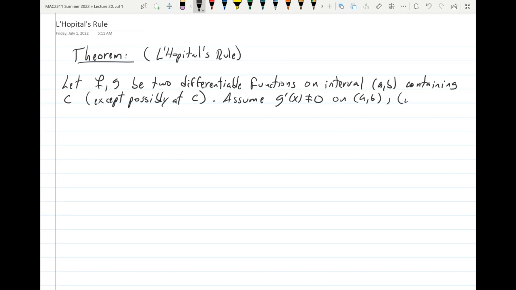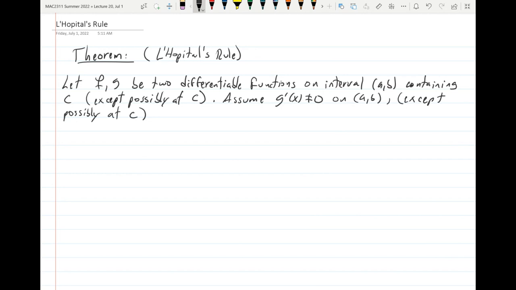So at c, anything can happen. But around c, everything has to be nice. That's what we're trying to say here. So both f and g are differentiable functions around c. At c themselves, we don't really care too much. And then the denominator g prime cannot be 0 around c.